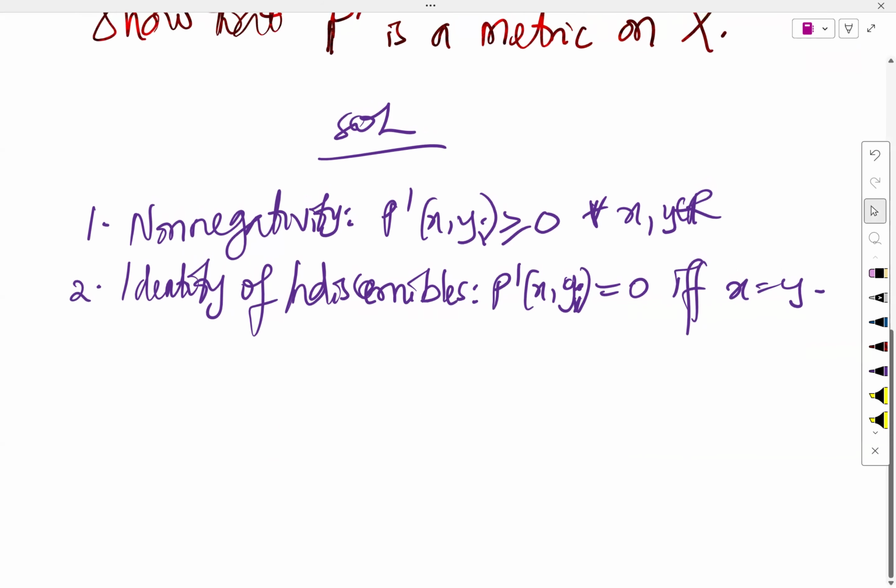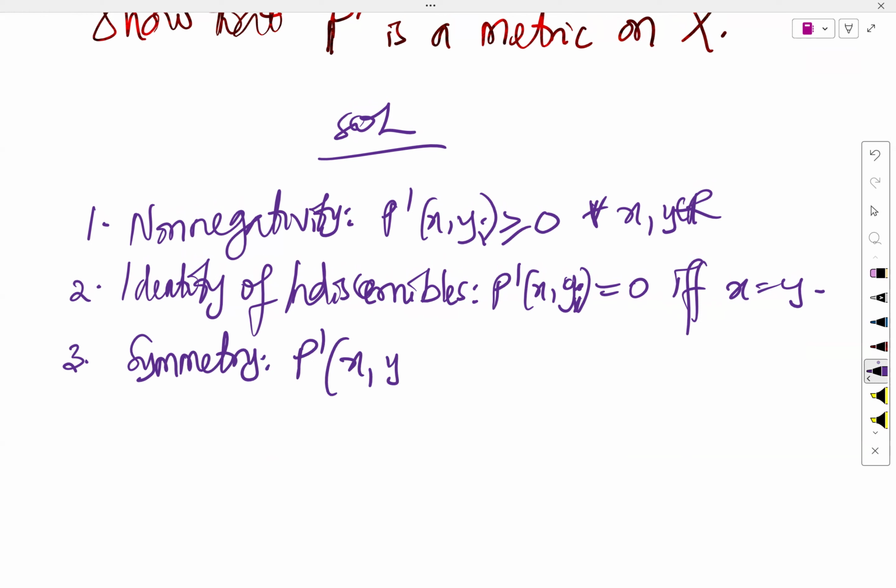And the third thing that helps us to know if something is a metric is symmetry. In this case, that would mean that p prime of x comma y is the same thing as p prime of y comma x.